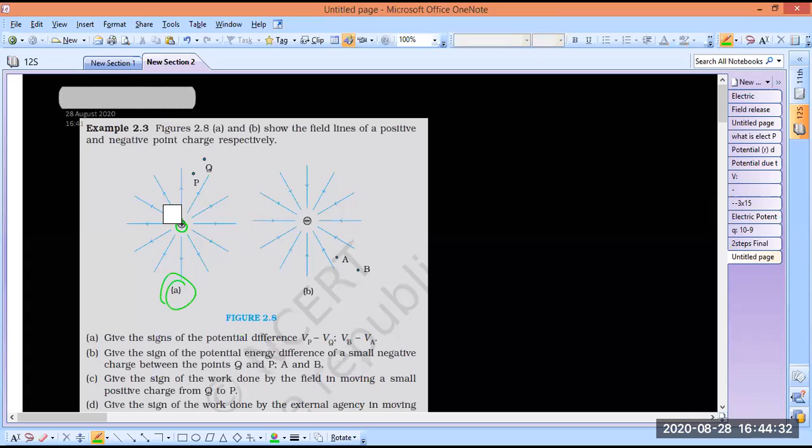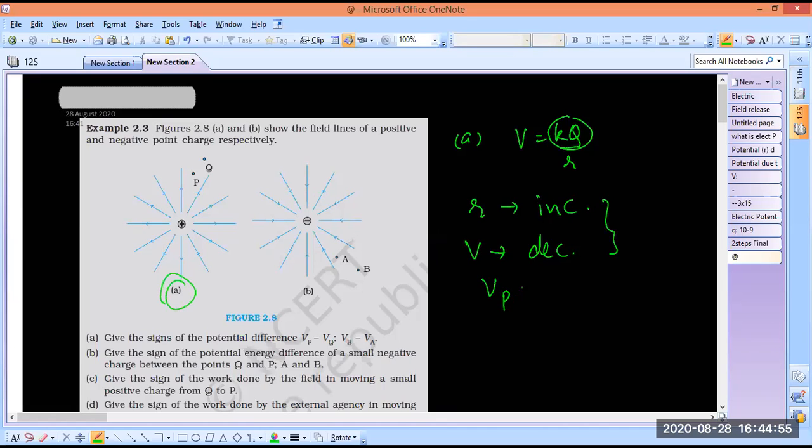Forget about B. So for A, this charge is positive. So potential is kq by r, but because numerator is positive, as distance increases, V will decrease, correct? So that's why Vp is greater than Vq.